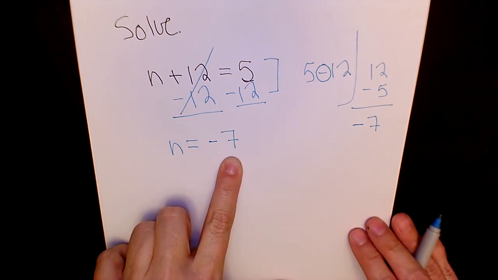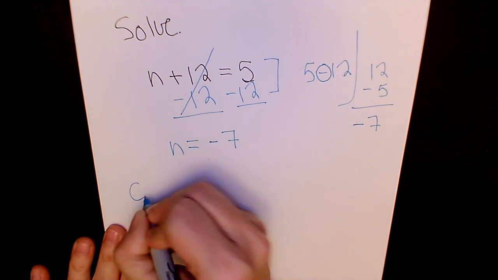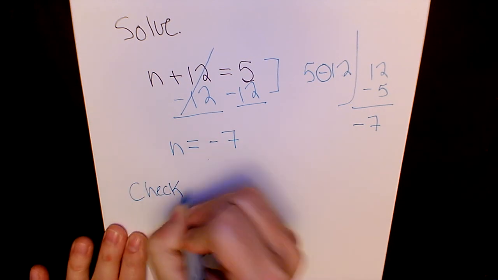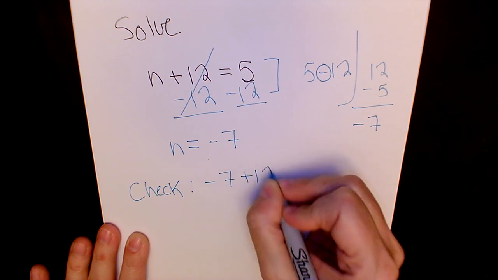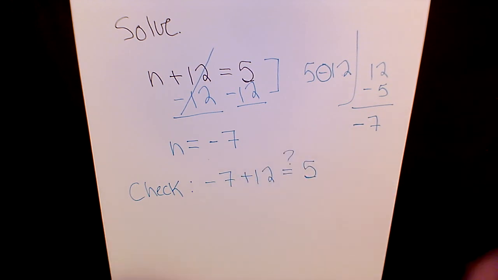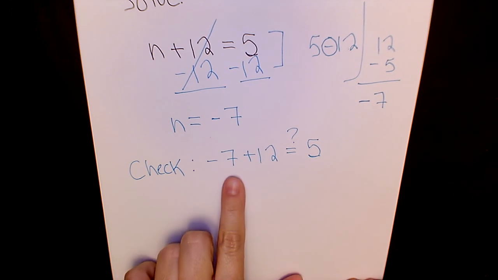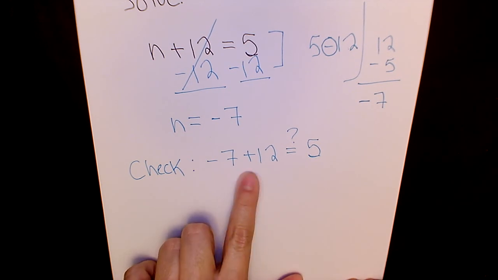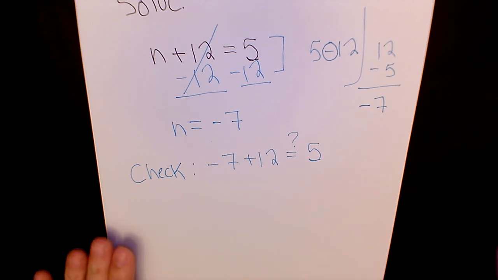And if you want to check that, you can take this negative 7 and plug it in for n and see if you get 5, if we want to check and see if that's a solution. So negative 7 plus 12, we just subtract, and we know we have more positives.